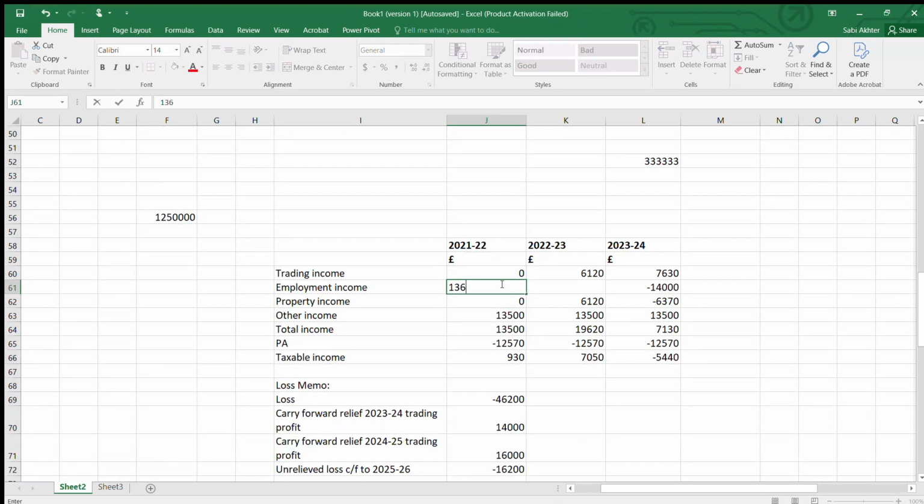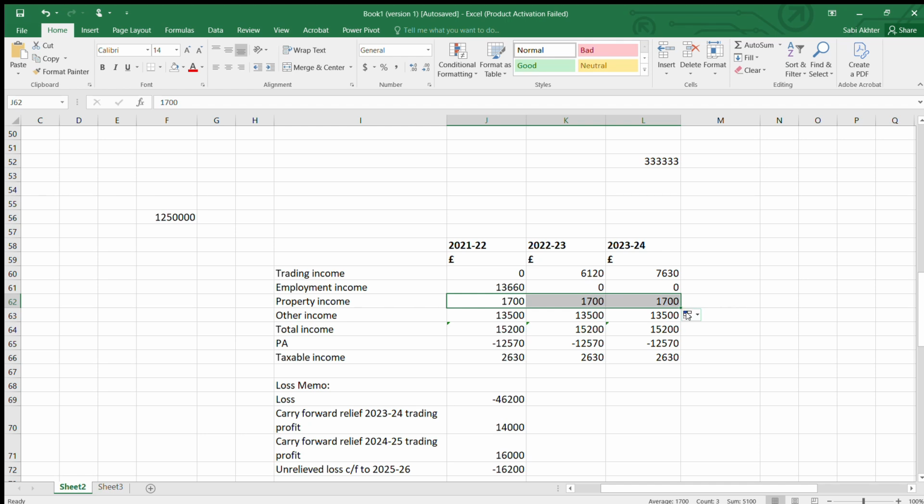So 13,660. Thereafter it is nil and nil. Then property income 1,700 for all the 3 years annually.